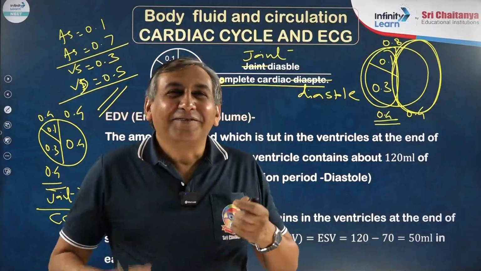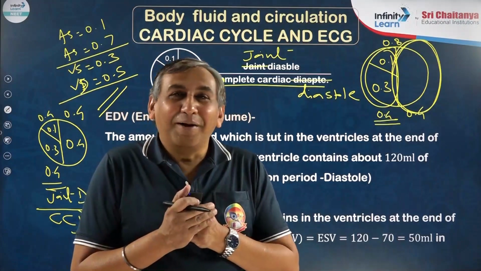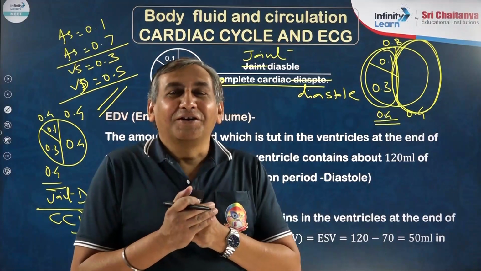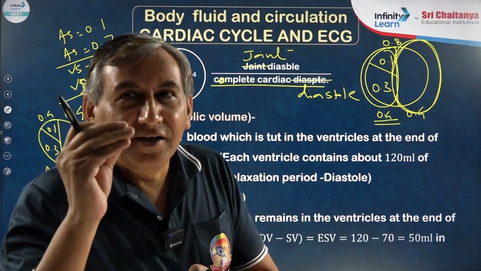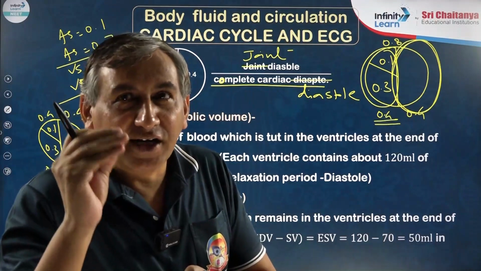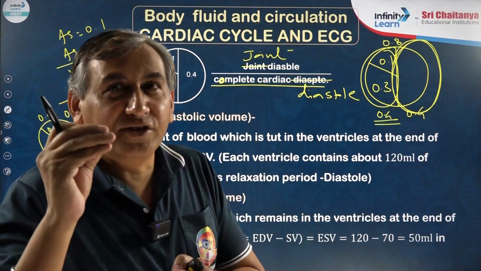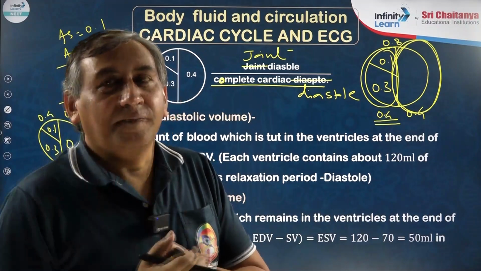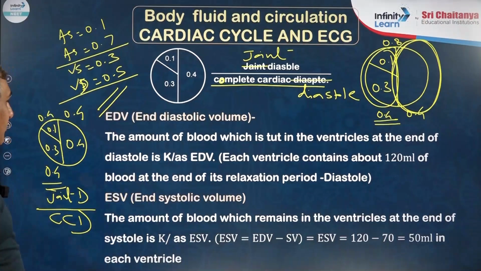Anyone will say, in one heartbeat, 5 liters of blood is coming out. No. In one heartbeat, the output is known as the stroke volume. It is approximately 70 ml. In 1 minute, 5 liters.